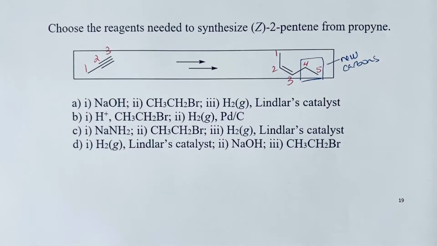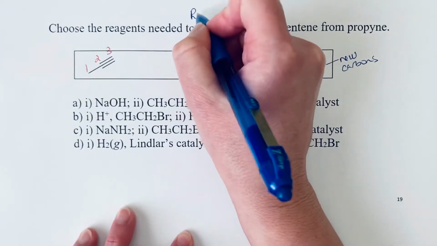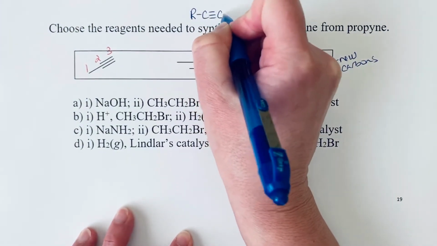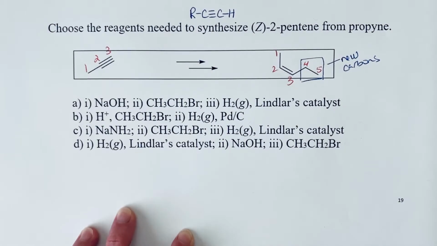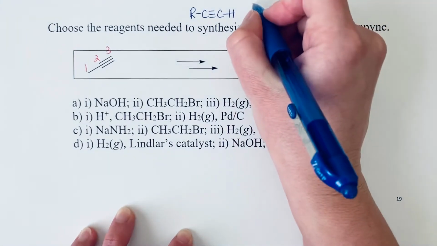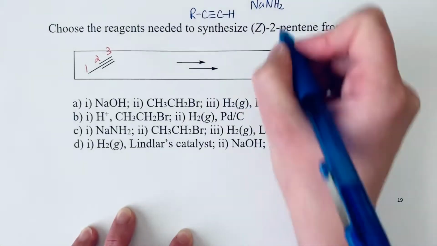And so in order to form a new carbon-carbon bond, you need a carbon that is a nucleophile and a carbon that is an electrophile. So one reaction that we have seen is that you can take a terminal alkyne, like that propyne, and if you treat it with a strong enough base, you can form an anion. The strong base that is typically used for this is sodium amide.